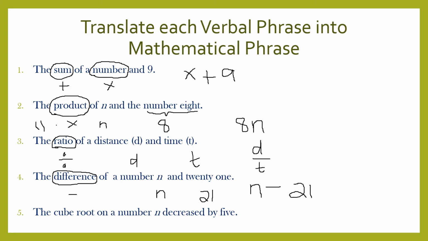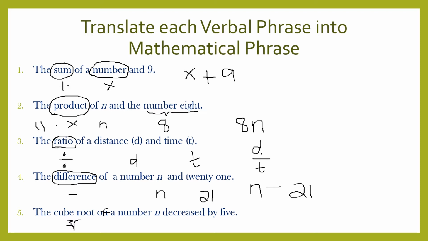Number 5, the cube root of, so that is off, hindi siya on. Sorry for the typo. The cube root of a number n decreased by 5. So ano yung mga operations or common words dito? We have the cube root. So that is the symbol for cube root.